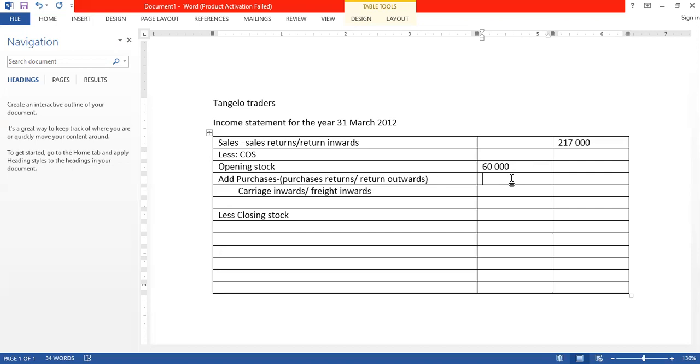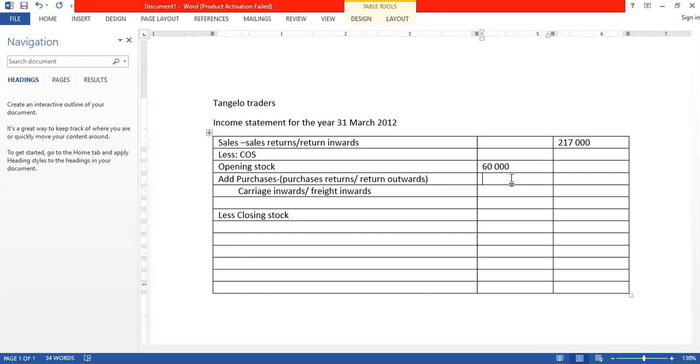Now, if we go through this additional information, you are told that the owner withdrew goods for his own use. What are the two accounts involved in that transaction?